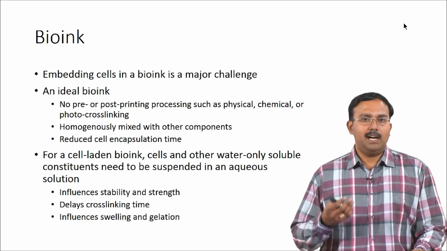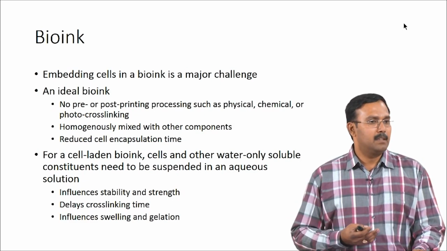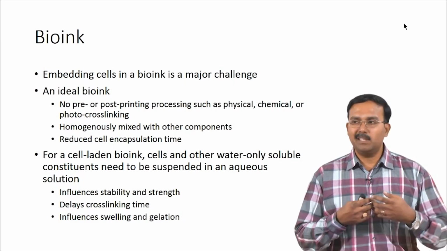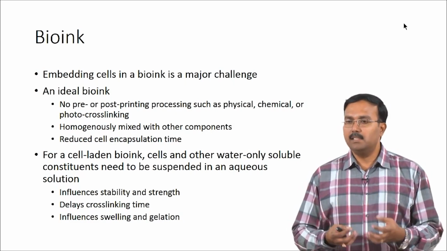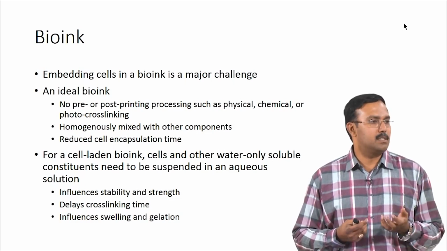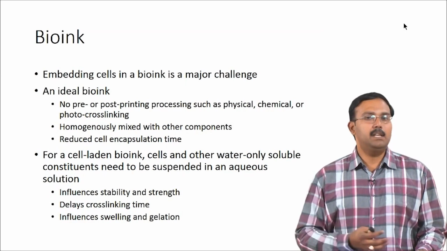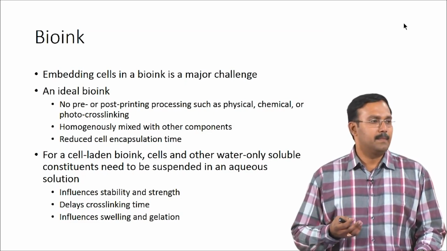So, you need to have a material in which everything can actually be homogeneously mixed, because you might end up with something which is viscous, right. These inks are not going to be like aqueous solutions, these are going to be viscous solutions. Which means you need to have an ability to disperse things homogeneously.